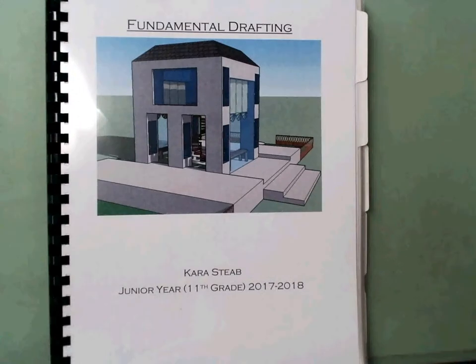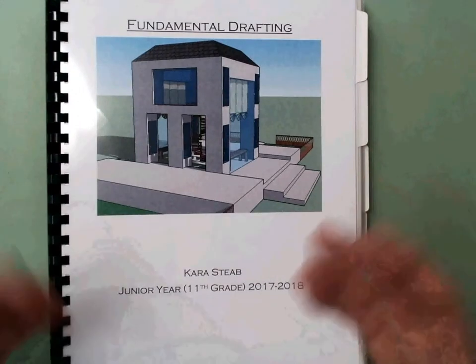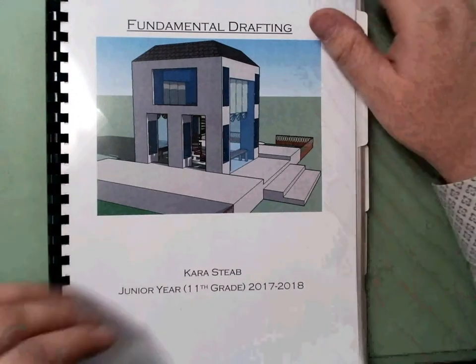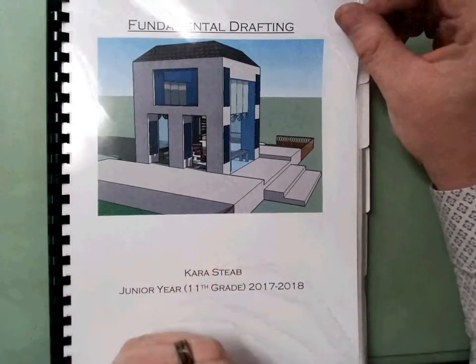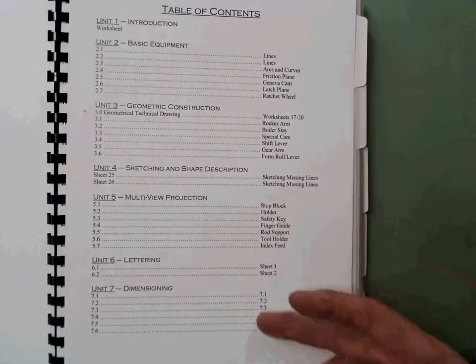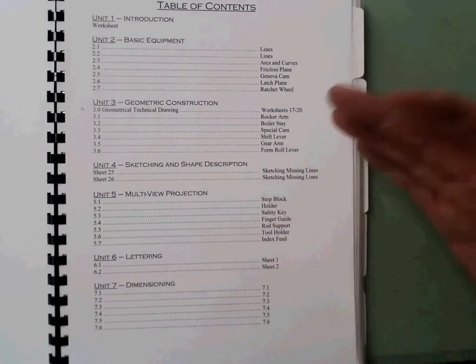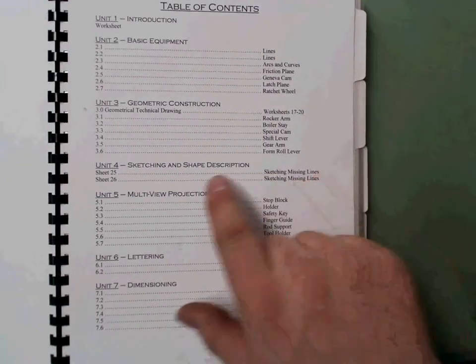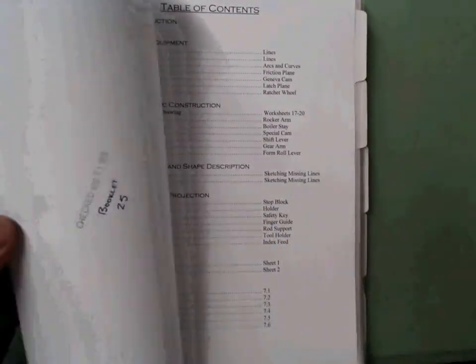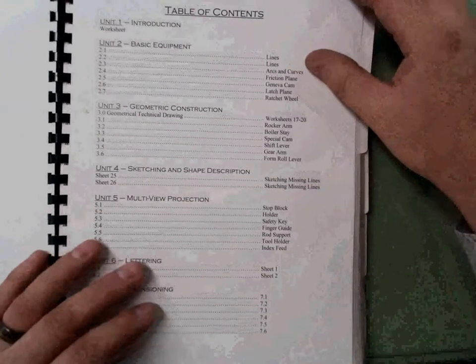But here's Kara's that just finished hers. She designed this in Revit, or not Revit, I'm sorry, Google SketchUp, and this is a model house that she wants to design in Revit so she can do the 3D model. So she did table of contents, which is perfect. This is exactly what you guys need to be looking for when you get to yours. Sketching missing lines, sheet 25 and sheet 24. Notice the stamps on this side.